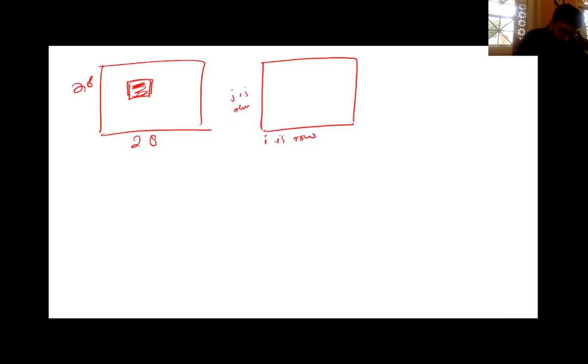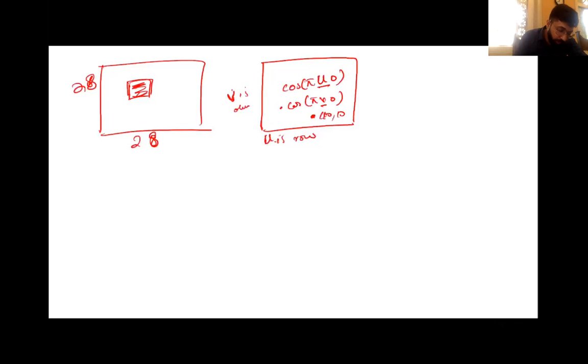Of course, i would be from 1 to 28 and j would also be from 1 to 28. So the first base, the value at each pixel is cosine of pi i. No, sorry, let's call this u and v, because i and j, I'll call it for frequency. So cos of pi u times 0 times cos of pi v times 0. Let's say you want to find the value at pixel 10, 10. What would you do? You would put u equal to 10 and v equal to 10. It would give you the value at this pixel 10, 10. And you can do it, of course, for each pixel.